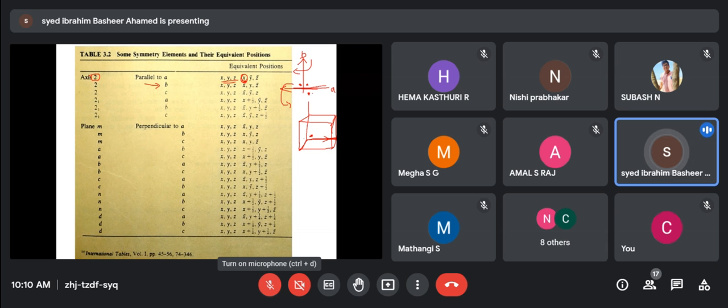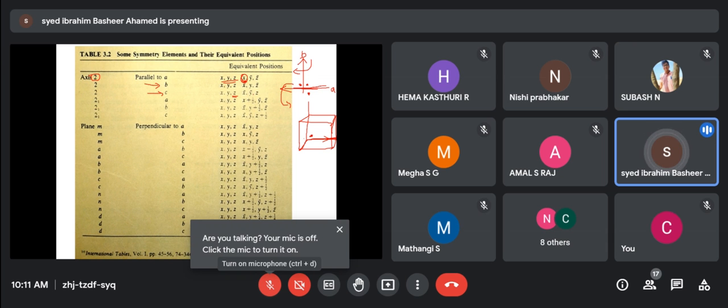For the other axes, you will get X bar, Y, Z bar. Similarly, if it is parallel to C, only the coordinate for the C axis will not change. You will get X bar, Y bar, Z.